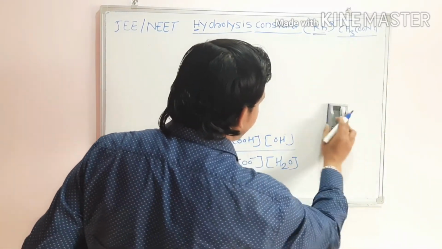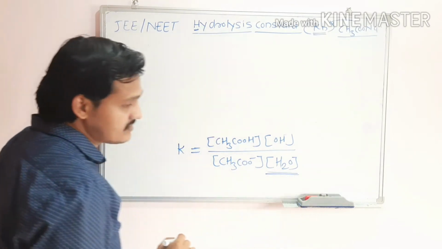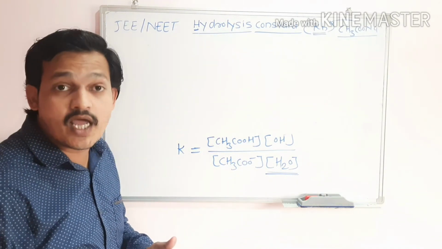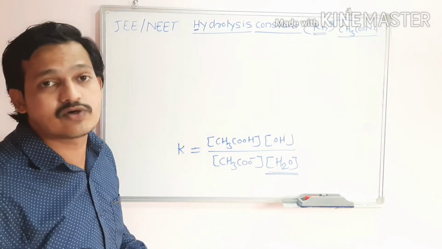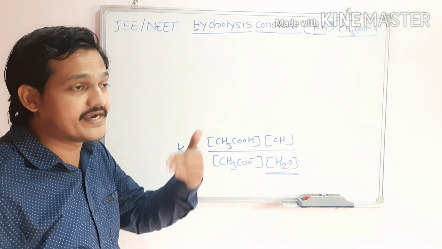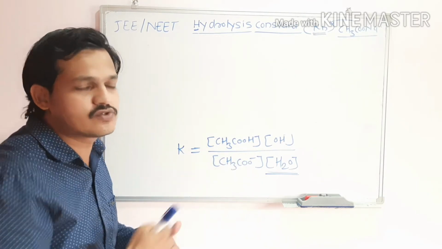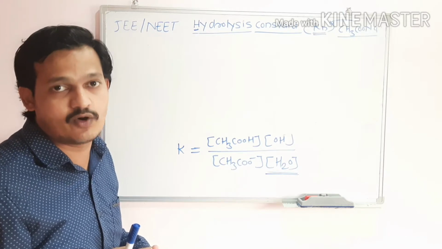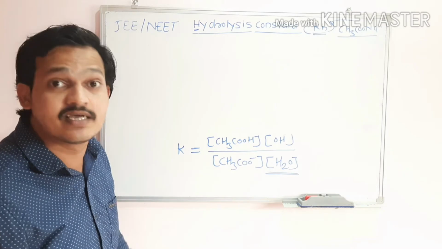Now we have to remember the concentration of water, which we studied earlier in the ionic product of water. The concentration of water remains constant because water dissociates to a less extent, or less quantity. So the concentration of water is termed as constant.